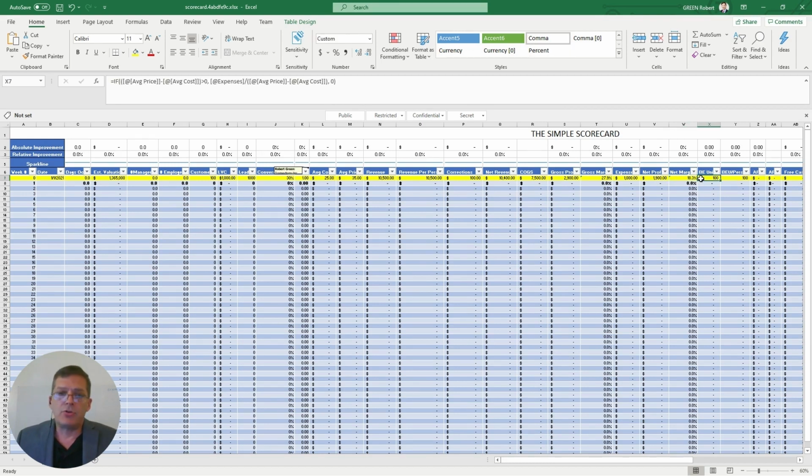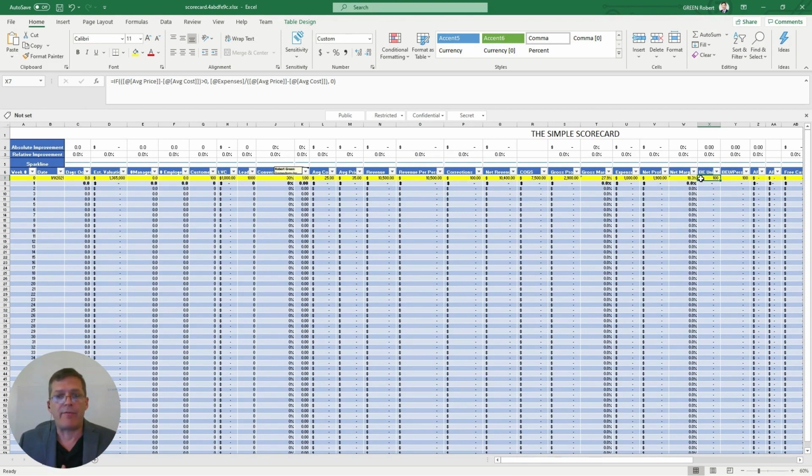Beyond that, we've got two columns for our break-even analysis. The break-even analysis, of course, takes the expenses that we have to cover for the week and divides that by the contribution margin. That's the amount of money between the price and the cost of that product or service that you sell.